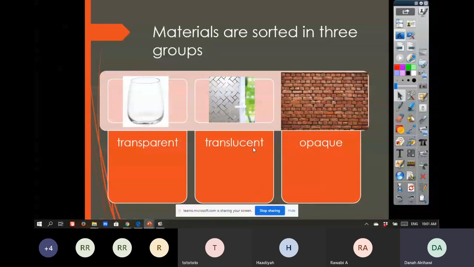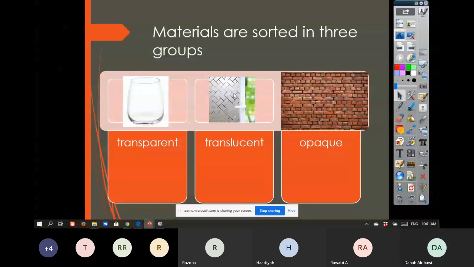We call them translucent. Excuse me, mute your mic, darling. Well, the third part is opaque, like bricks, wall, like your body. It doesn't let the light pass through.